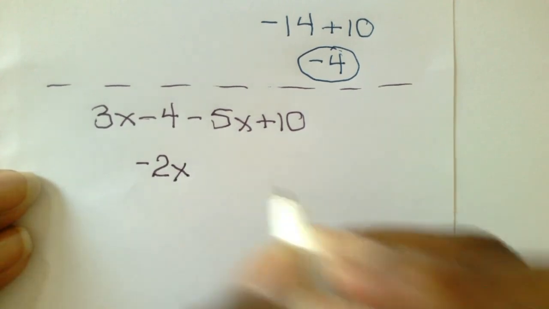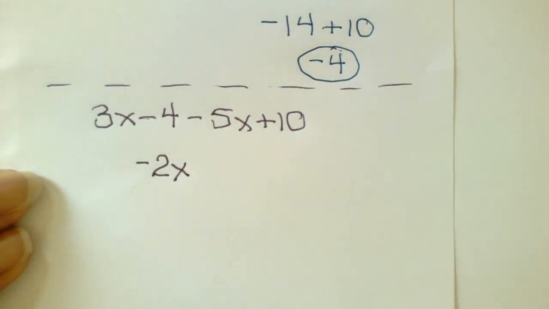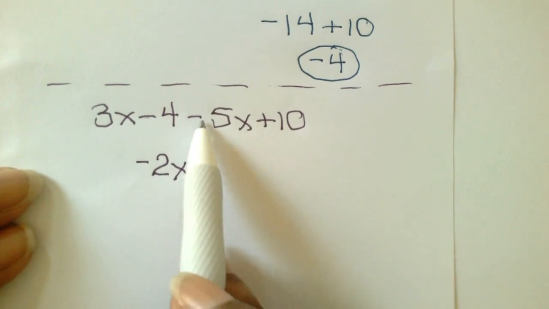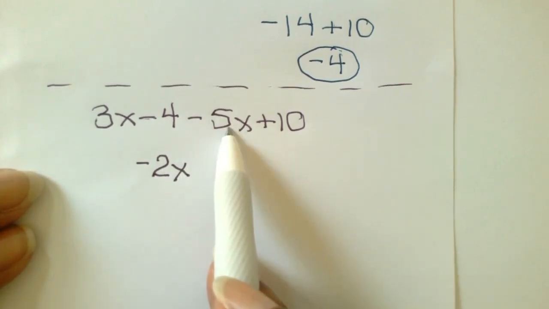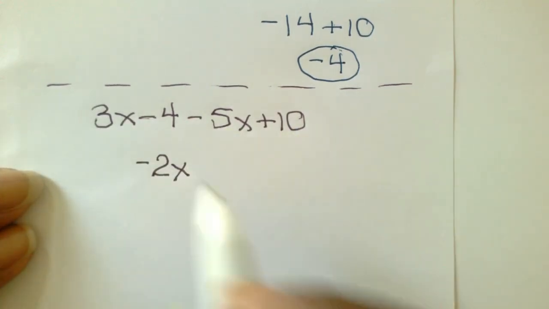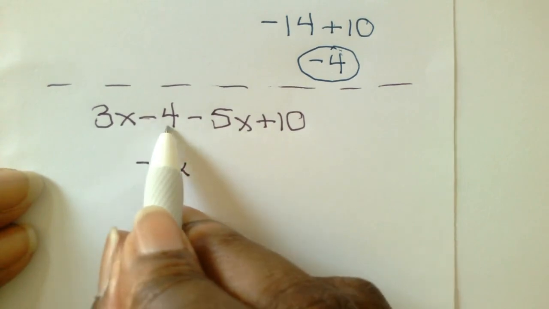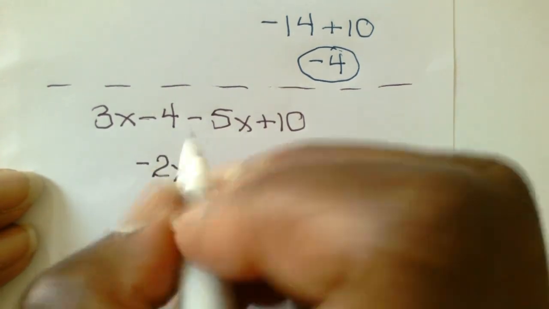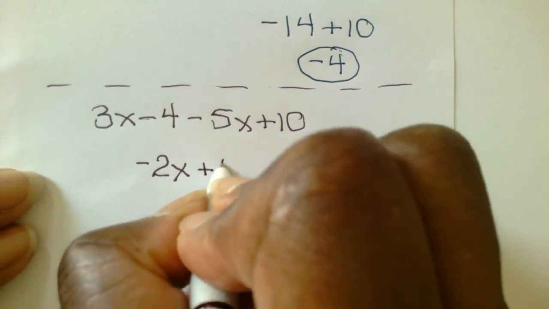I think a lot of us get confused, like, is it a minus or is it a negative? And the answer is yes, because the minus is a negative. You're going in the negative direction, you're usually subtracting. So here we go. Negative 4 plus 10 gives me a positive 6.